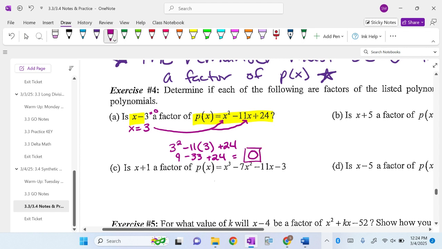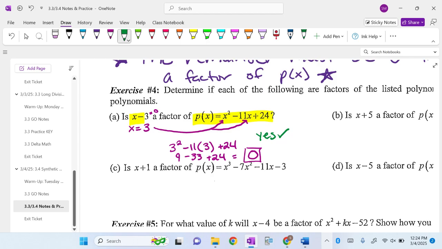So that's my remainder. Is x minus 3 a factor of x squared minus 11x plus 24? Yes, it is a factor because that remainder is 0. We can also check, not by doing the division, but by factoring the trinomial. You can't do that with all these problems, but since it's a quadratic, you should know how to factor it.